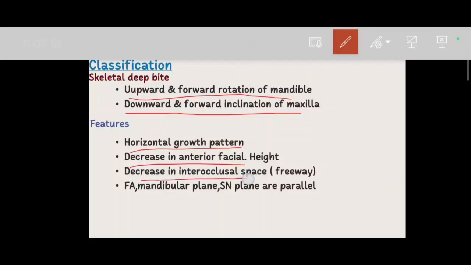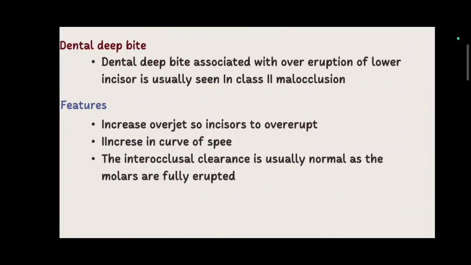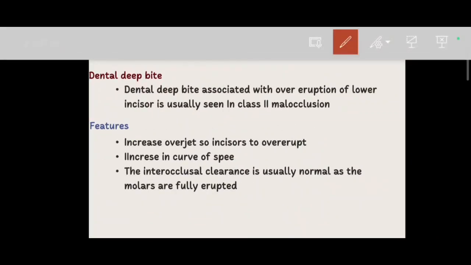Third is decrease in interocclusal space, that is the freeway space decreases. Fourth, the planes become parallel: the frontal plane, mandibular plane and occlusal plane all become parallel. Is facial height increased or decreased in skeletal deep bite? The answer is decrease.